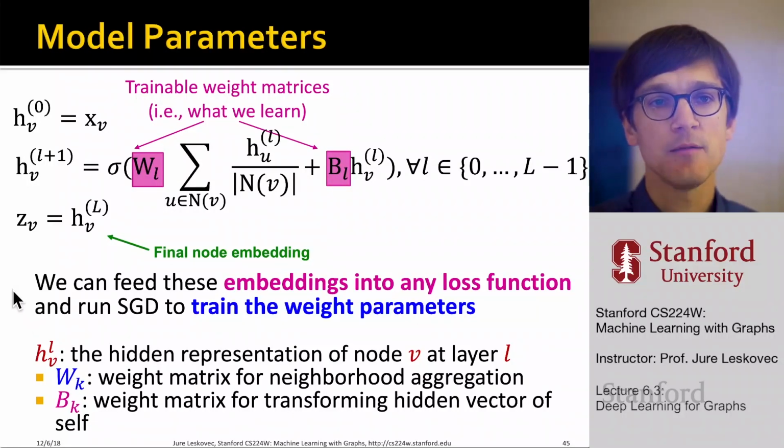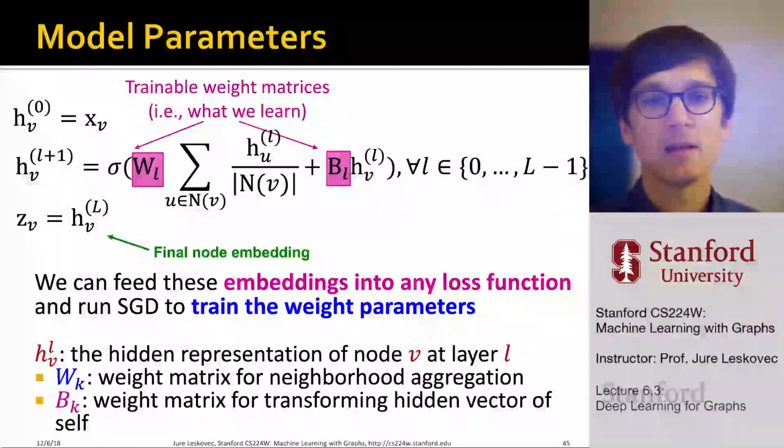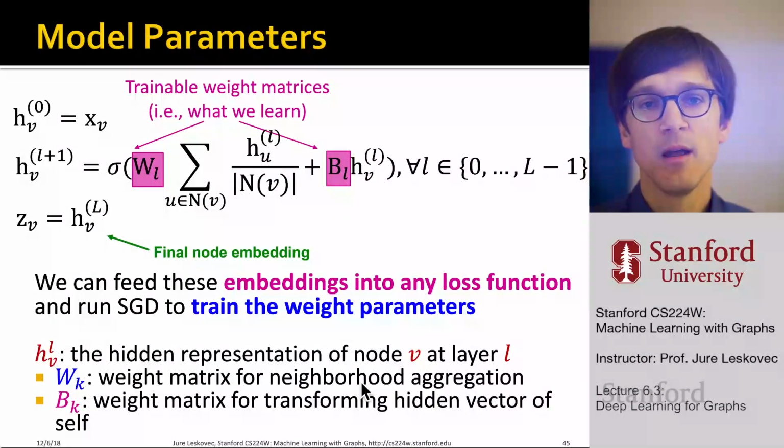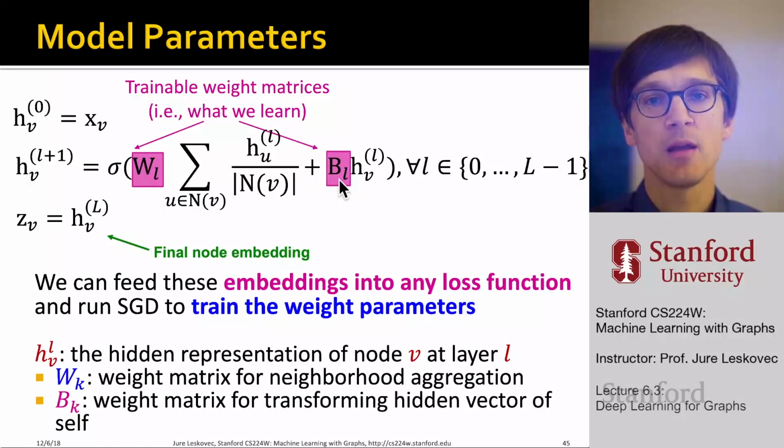And the idea here is that we can now feed these embeddings into the loss function, and we can run stochastic gradient descent to train the weight parameters, meaning B_L and W_L. These are the two parameters, right? One is the weight matrix for neighborhood aggregation, and the other one is the weight matrix for transforming the hidden vector embedding of the node itself to create the next level embedding.